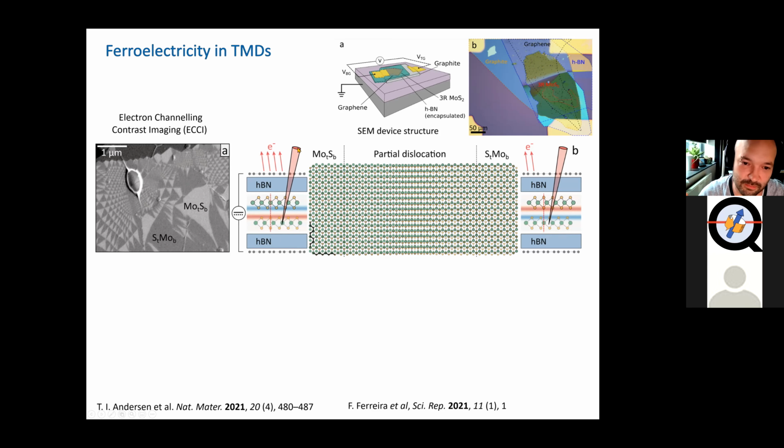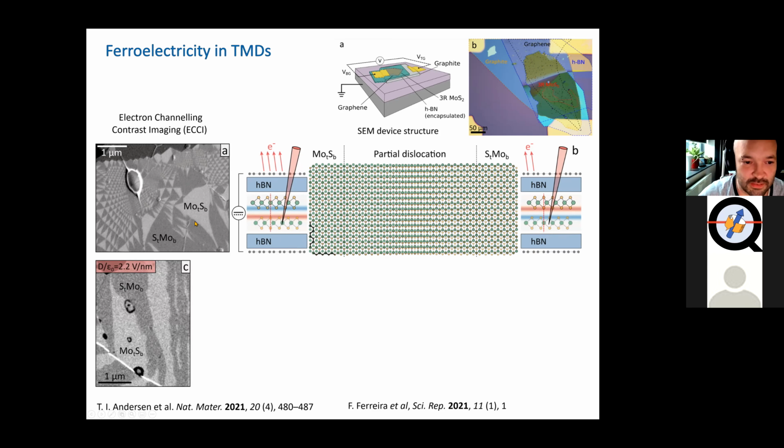When you shoot a beam at this angle, you have more electrons coming out because they scatter more on this specific polytype at that angle than this configuration. The next thing we would do is encapsulate this twisted bilayer with boron nitride and 2 graphene layers from each side.